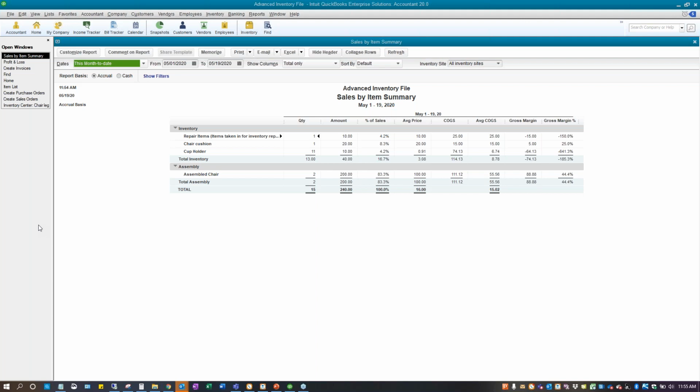The beauty of Fishbowl is that it can integrate with your accounting system because it takes complete ownership of the inventory, and essentially QuickBooks becomes your general ledger for managing your AR and your AP. So as long as you have the accounting system, then Fishbowl can map to that. There are of course some limitations, but generally speaking, Fishbowl is able to connect with QuickBooks Premier, QuickBooks Enterprise, or the advanced version of QuickBooks Online.